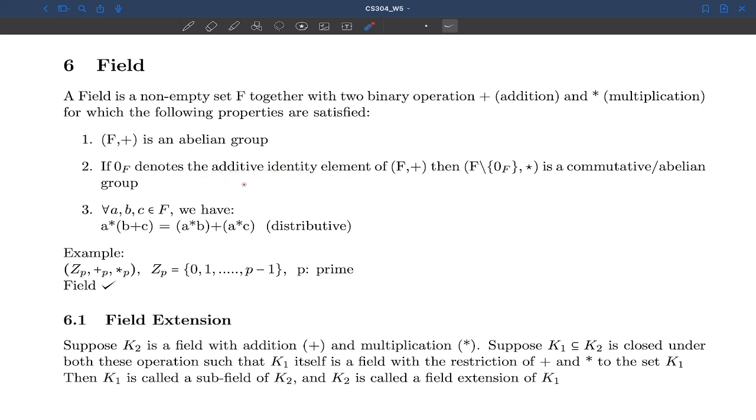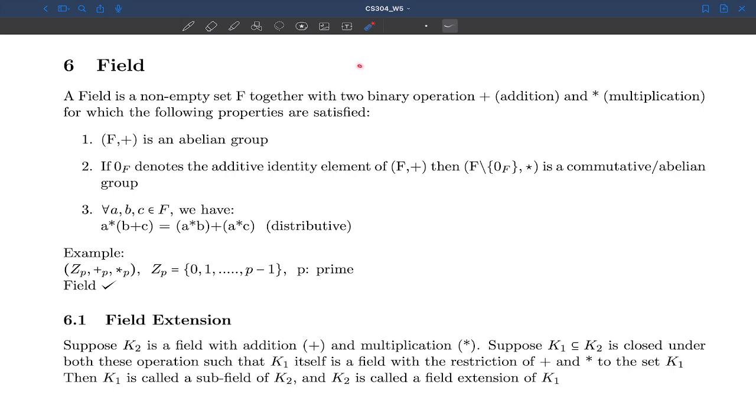If I remove that identity element from my set F, so F slash 0F denotes I am removing that additive identity from my set F, and by doing so my set F becomes a commutative or abelian group, then that combination of set and operator can become a field if it satisfies other properties as well.